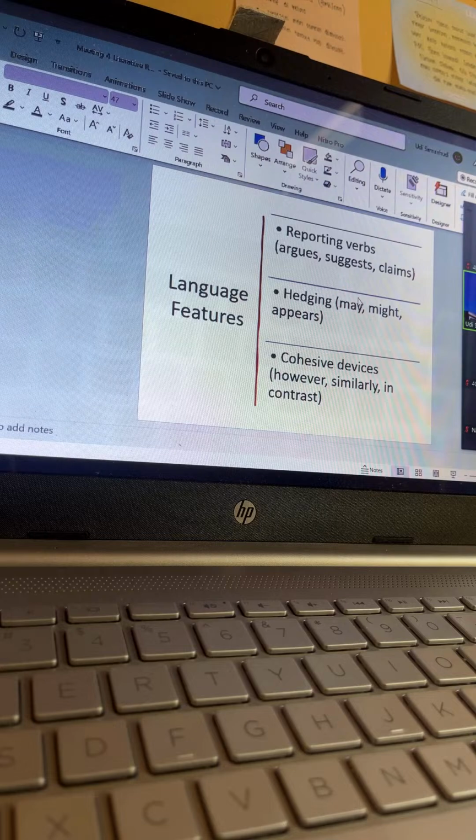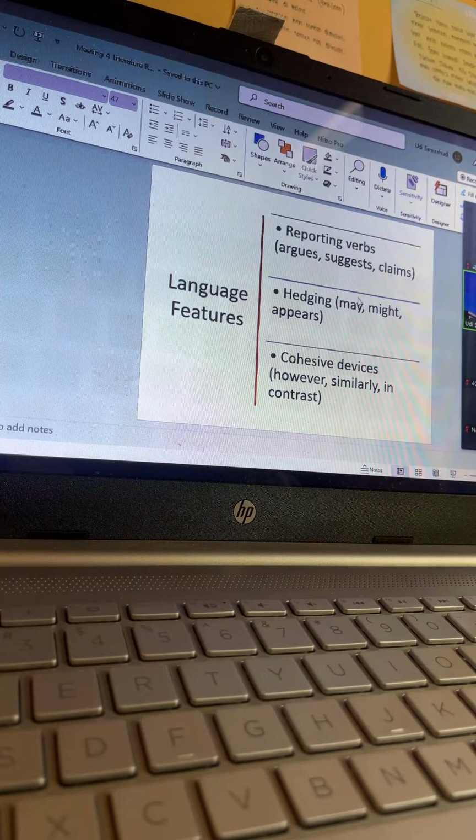And cohesive devices, like academic writing is very much different from conversational English. So if we are using English in our daily conversation, we are using conversational English. But when it comes to academic writing, we'll concentrate on the use of academic English. And one of the typical features of academic writing is the use of cohesive devices like conjunctions.